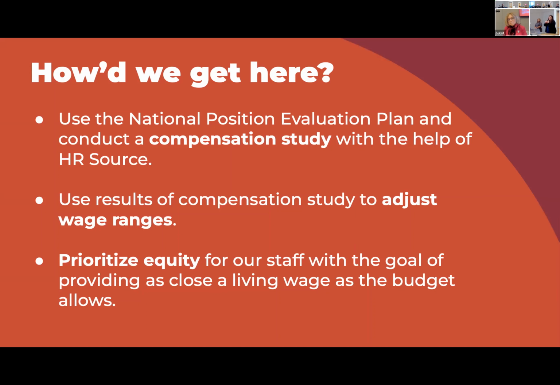But we didn't just use library data. We used wages from the region, the South Bend Elkhart Regional Partnership, as well as comparable libraries to help find those wages. And we wanted to prioritize equity when we looked at the ranges. So some of them are going up more than others, and it's based on making sure that everybody's getting what they should be getting.